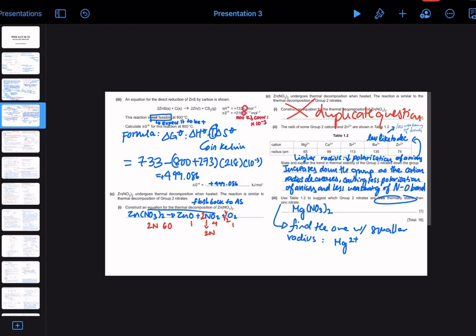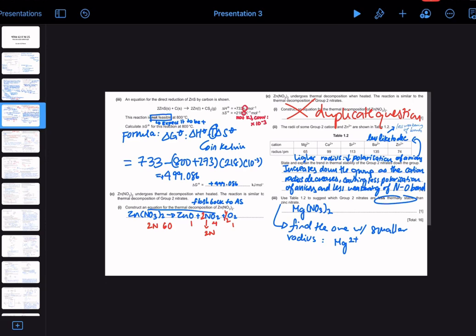So your Gibbs free energy would be 733 minus the temperature, which is in Kelvin, so make sure to convert it from degrees Celsius to Kelvin by adding 273, or you can minus it if it's negative. Then you times it by your entropy, and make sure to again convert it to kilojoule. And the end value is plus 499.086.